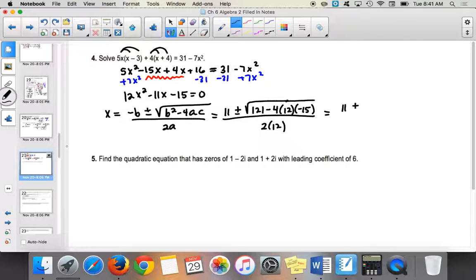So we have 11 plus or minus, and the inside ends up being 841, all over 24. And 841 is actually a perfect square. If you take the square root of 841, you get 29. So we're going to have 11 plus or minus 29 all over 24.